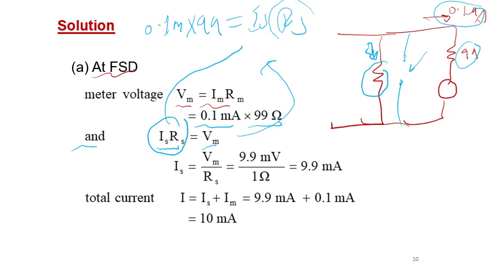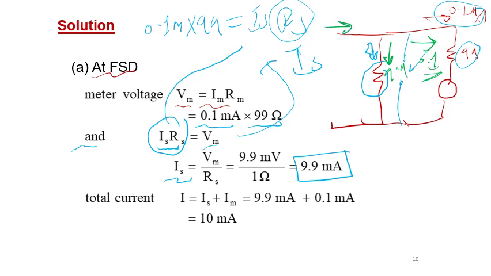Remember that Rs is known to me. Rs is known, so I can rearrange the equation to calculate Is. So Is from here can be found as 9.9 milliampere. So this current here is 9.9. This one is 9.9 and this is 0.1.